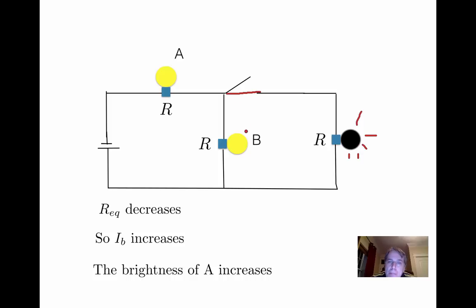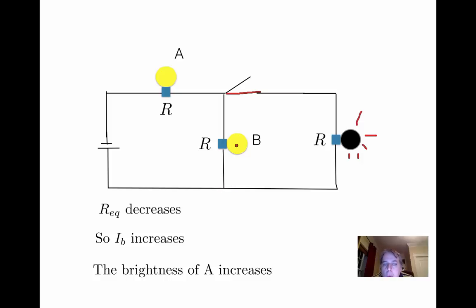Now, what about light bulb B? When I close the switch, we just said that the current flowing in this branch has increased. But when it reaches this point, the current will split in two. So it's not clear what happens to light bulb B. On one hand, there's more current here, but then you split it in two.